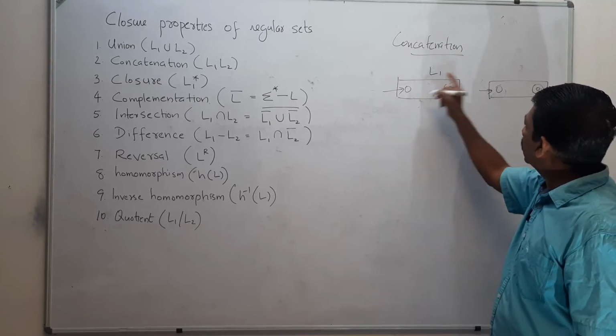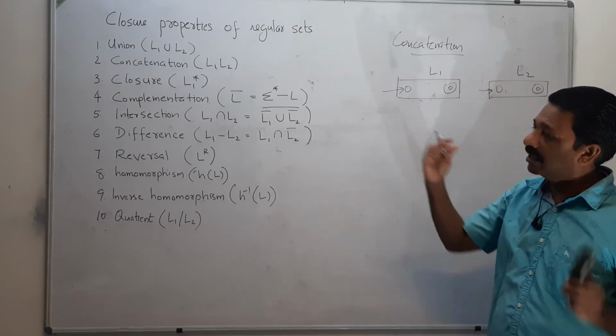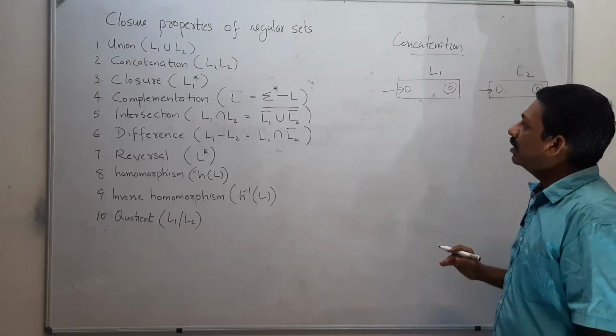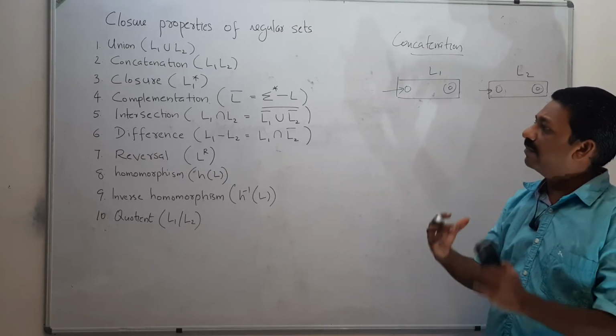If you take L1 dot L2, concatenating L1 and L2, you are going to combine those two into a single one.